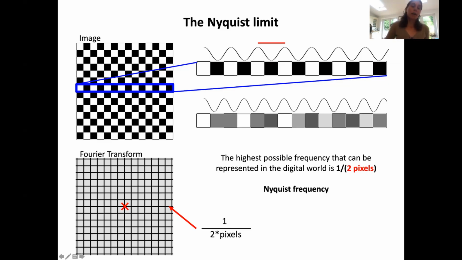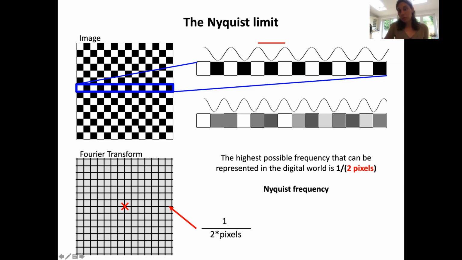If we take our image and calculate the Fourier transform, you will remember I told you that the zero frequency component is in the middle of the image, and the high frequency components are at the edge of the image.